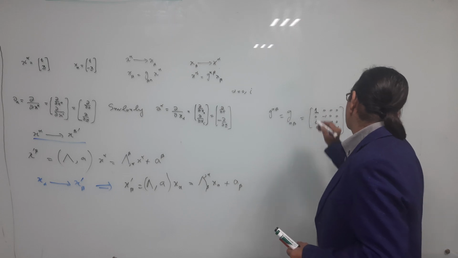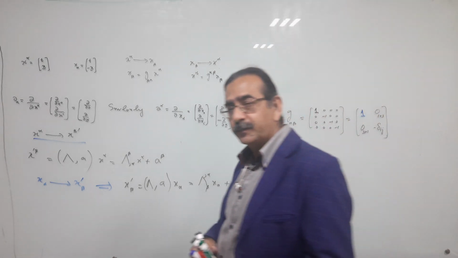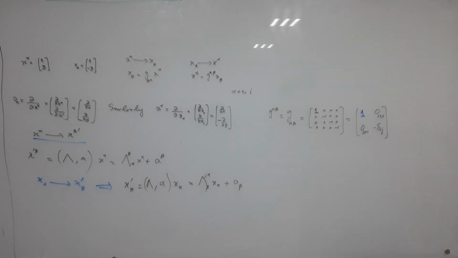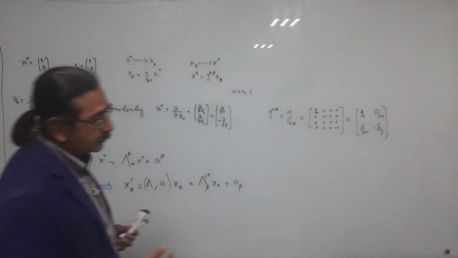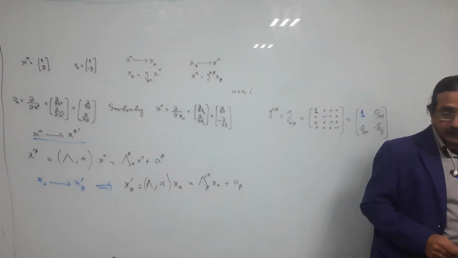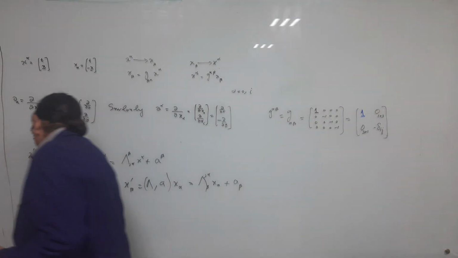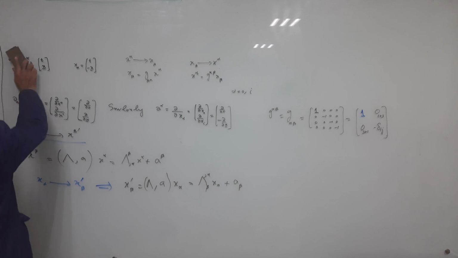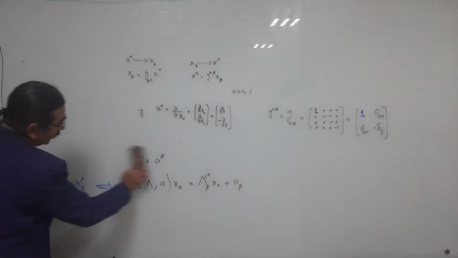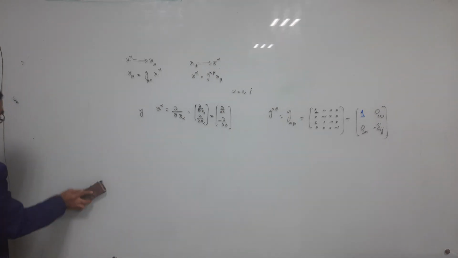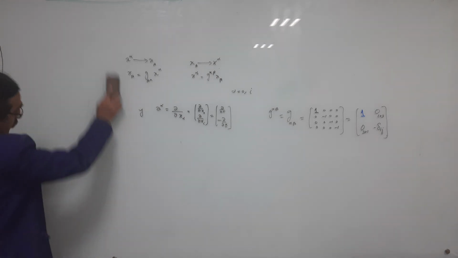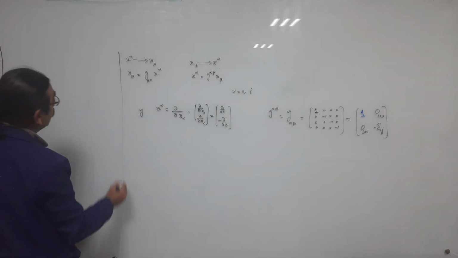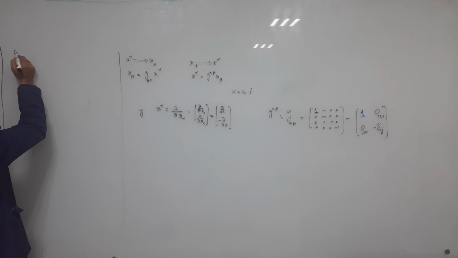Okay, this is 1, and the remaining is okay. Got it? So this is for velocity.